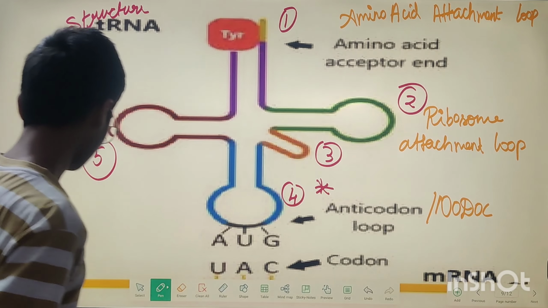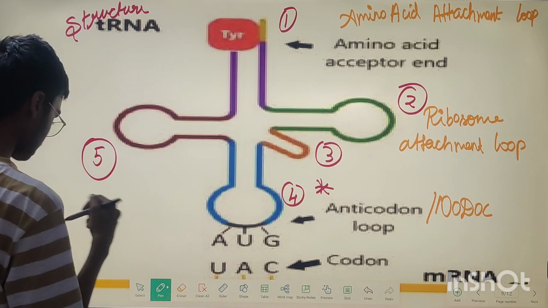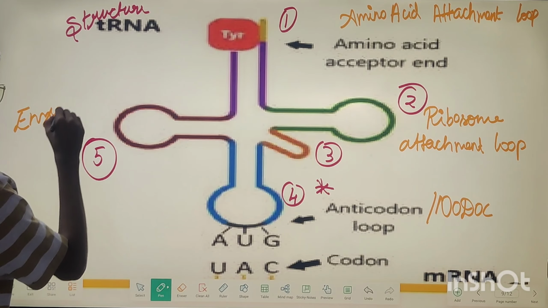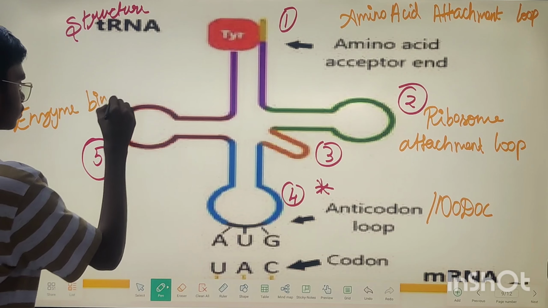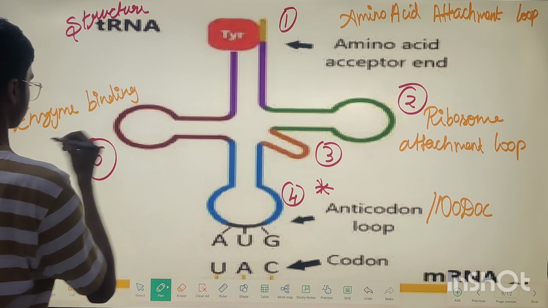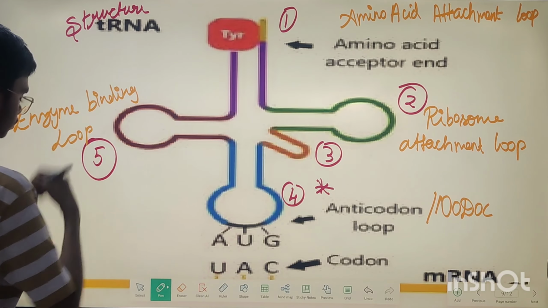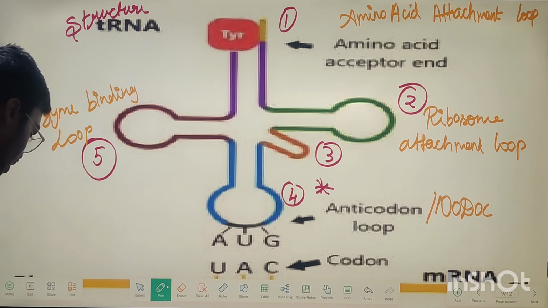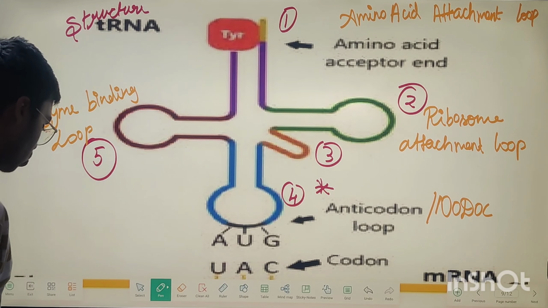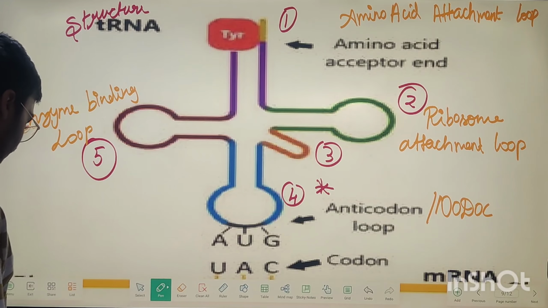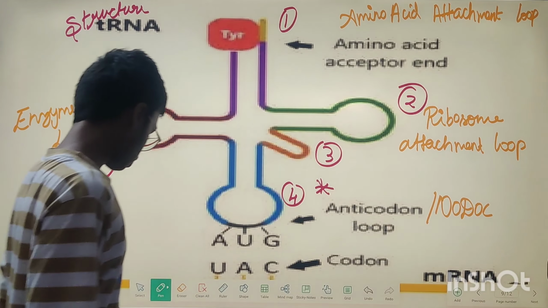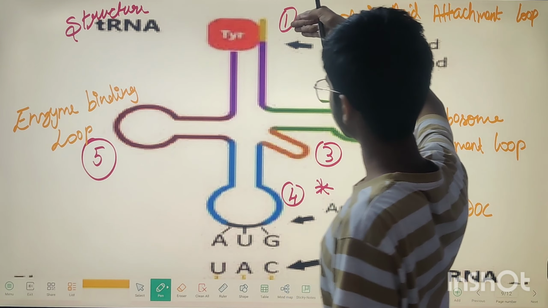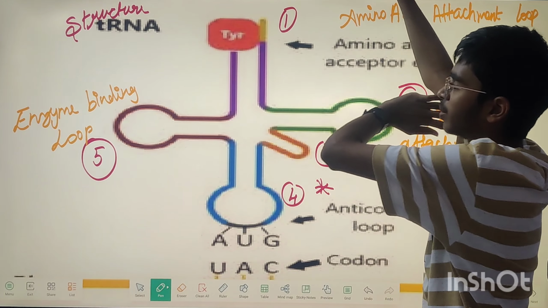Then the fifth is the enzyme binding loop. Now we are going to see what chemicals they have. This one does not have any chemical, but this first one is the place where the amino acid will be attached.